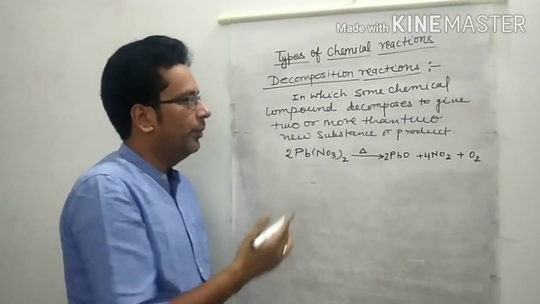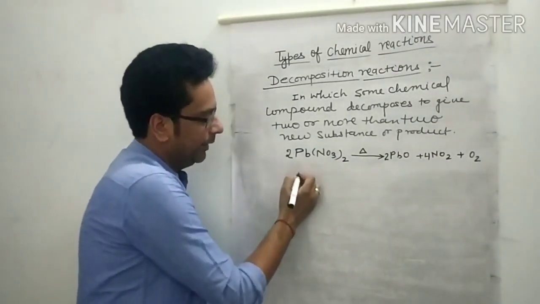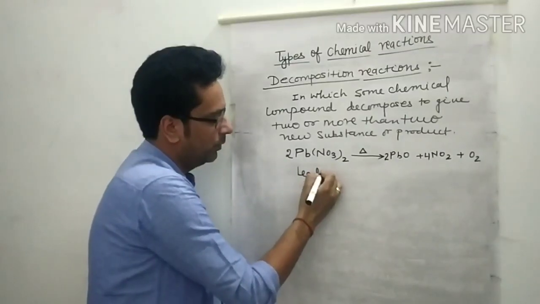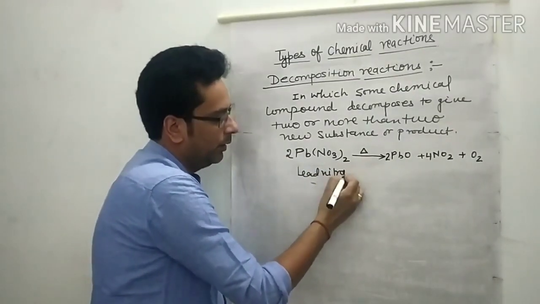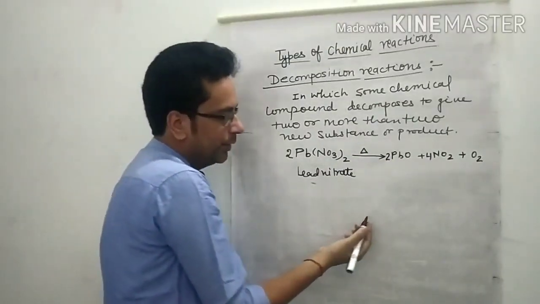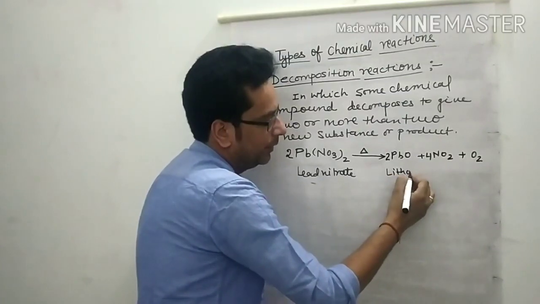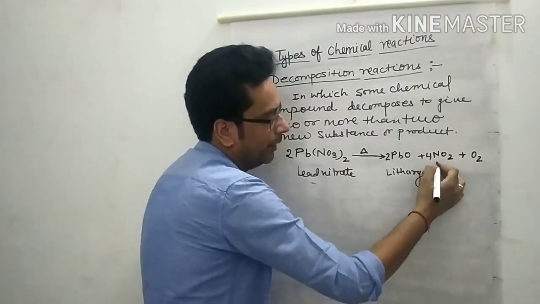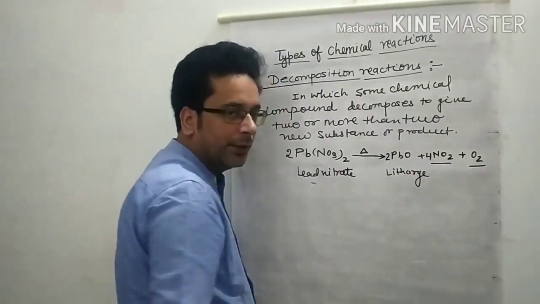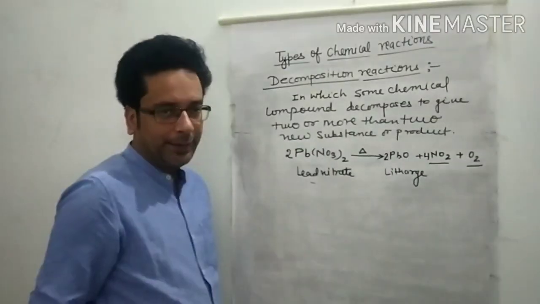This is an example of decomposition reaction, in which lead nitrate on heating decomposes into lead monoxide, whose common name is litharge, nitrogen dioxide and oxygen gas. So this is an example of decomposition reaction.